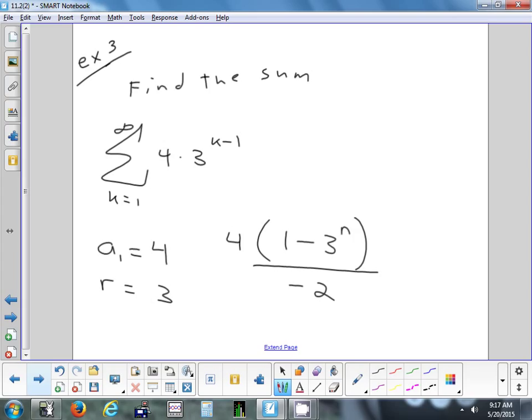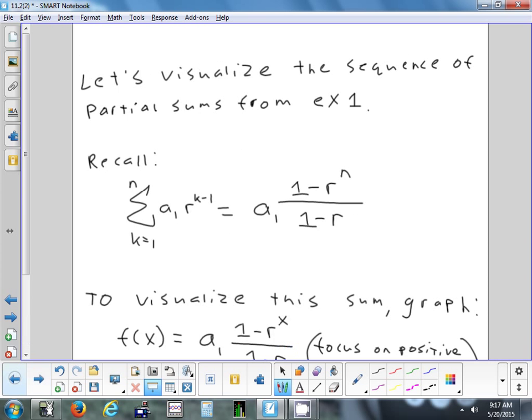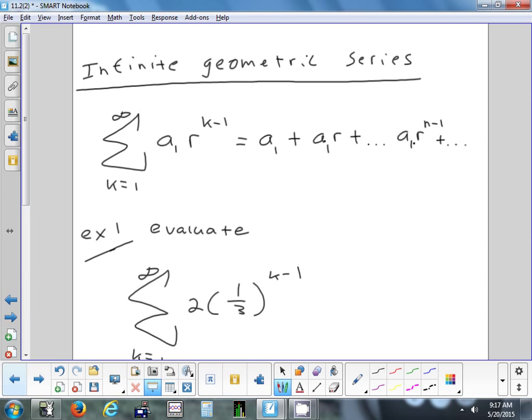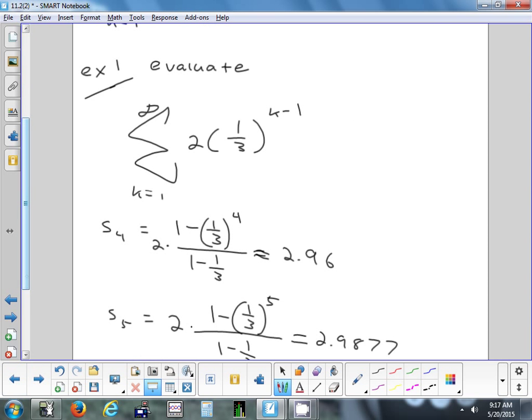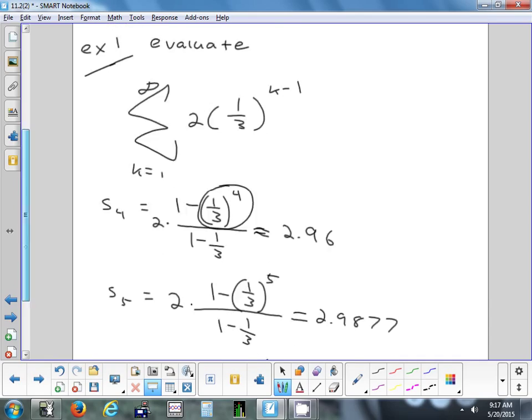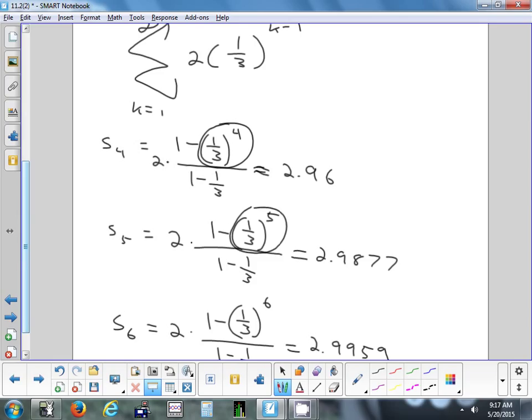Before I graph it, any thoughts of what's going to happen to this expression as n starts to get really, really big? Well, let's look at the previous one. For this part, as n started to get really, really big, what happened to just the part that I'm circling each time? 1/3 to the 4th power, 1/3 to the 5th power, 1/3 to the 6th power.